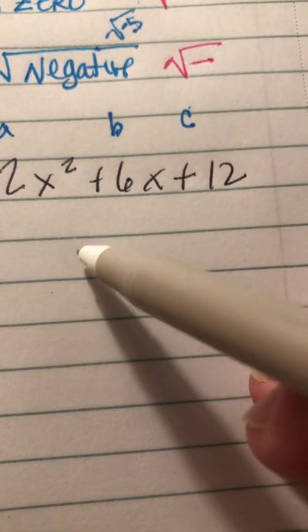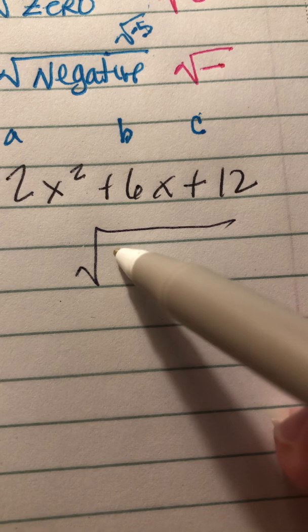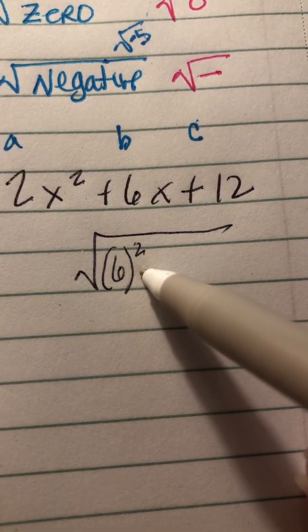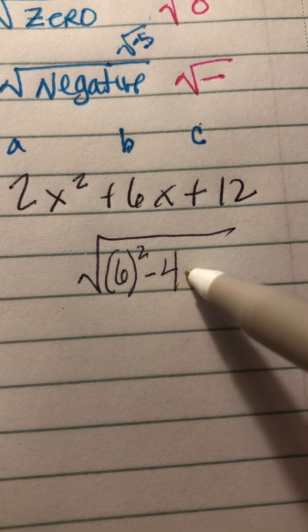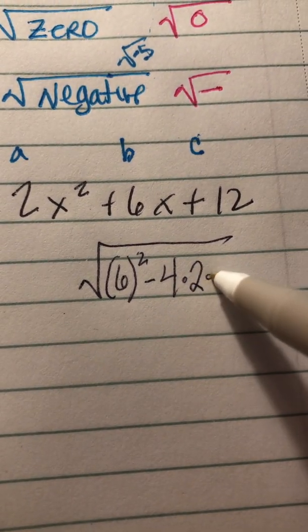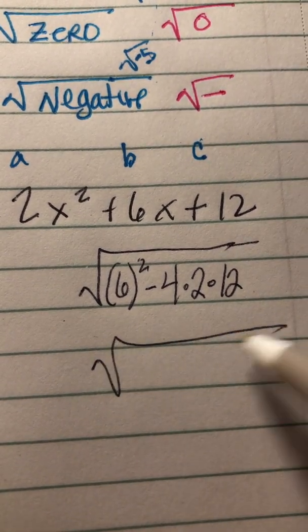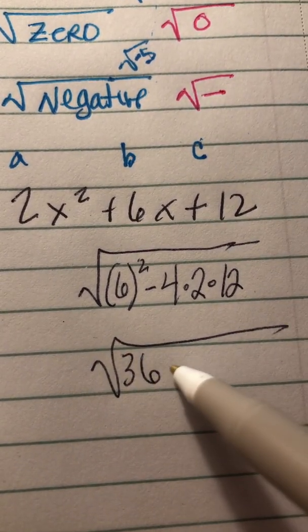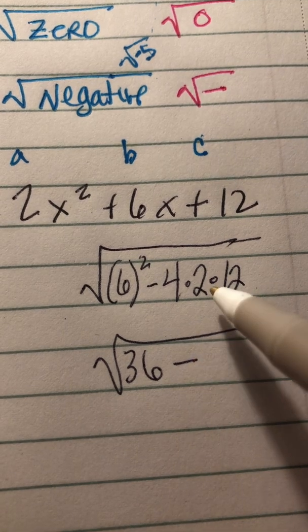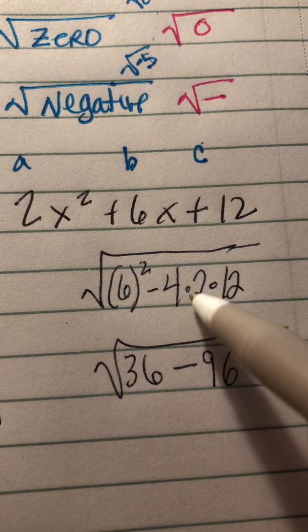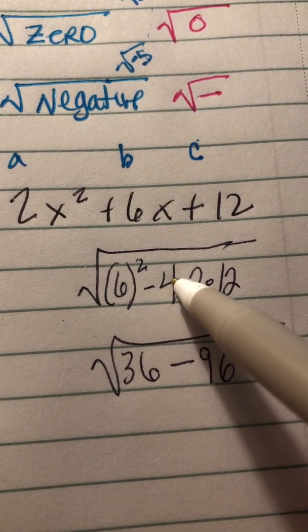Okay. So here we have b squared, which is 6, minus 4 times 2 times 12. So that's going to give us 36 minus 96, I believe that is. 24 times 4.